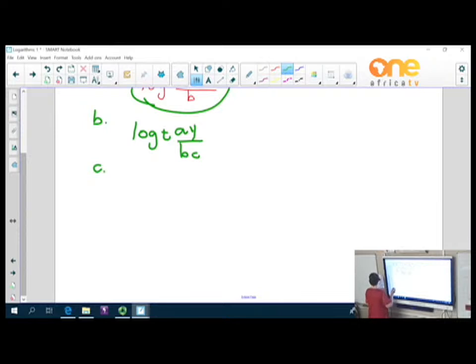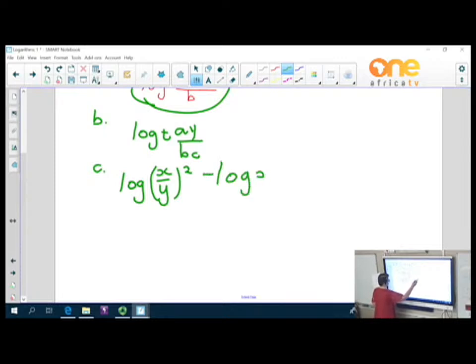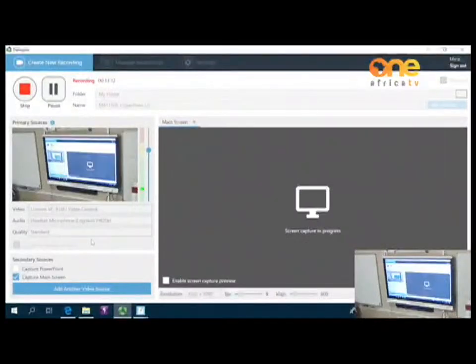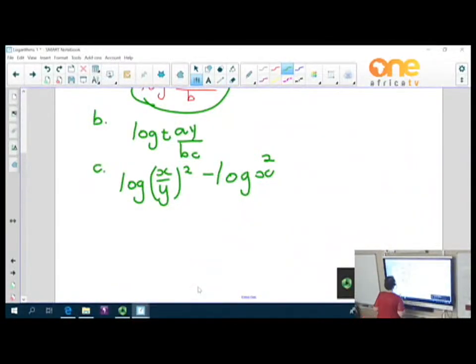So this one will then become log, and then it is x over y squared minus log x squared. And then because I subtract, I'm going to divide.